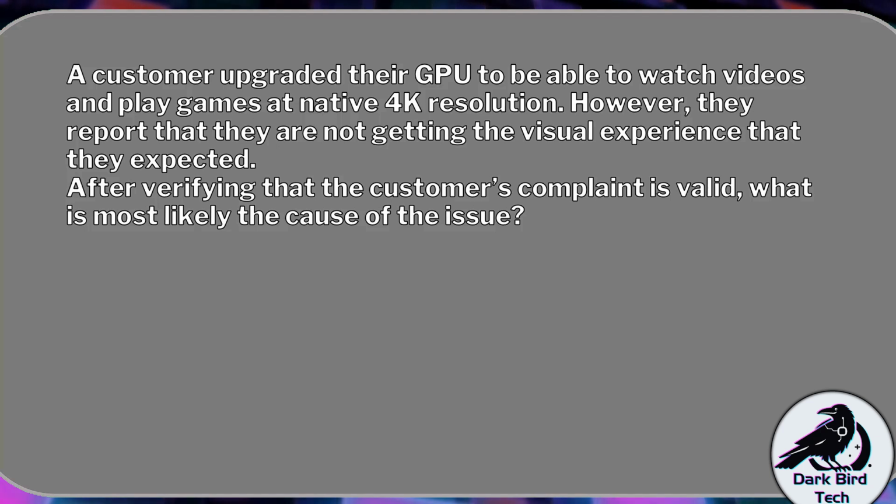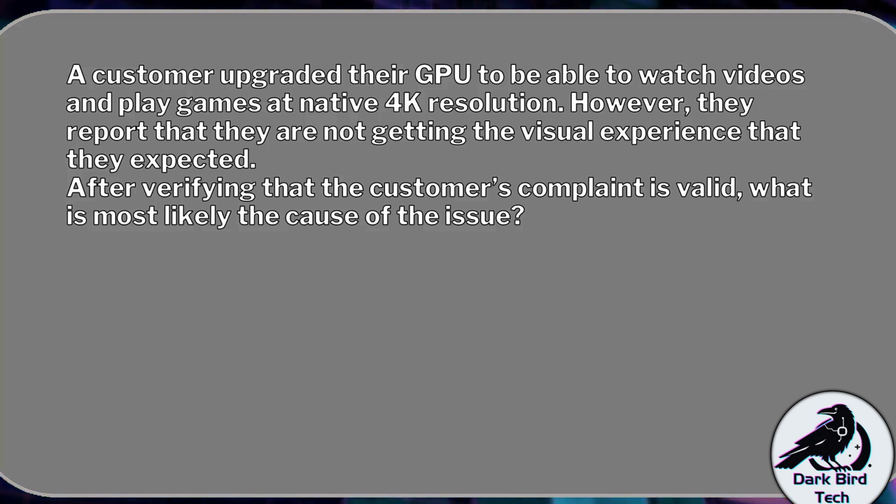Moving along though. A customer upgraded their GPU to be able to watch videos and play games at native 4K resolution. So in other words, the output signal of the GPU needs to be at 4K, or will be at 4K. However, they report that they are not getting the visual experience that they expected.